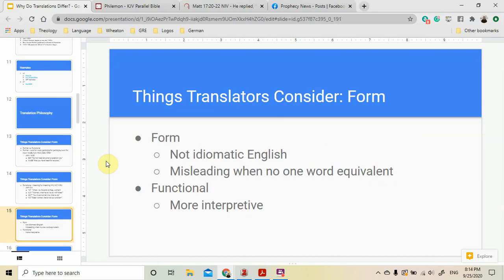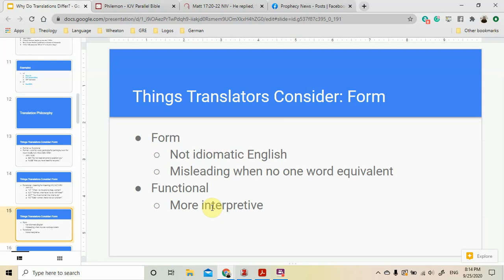The problem with going formal, going word for word, is that it won't be idiomatic English, and sometimes it can be misleading because there won't be a word for word equivalent from Greek to English or Hebrew to English. And then functional, the issue there is it's just by nature going to be more interpretive.